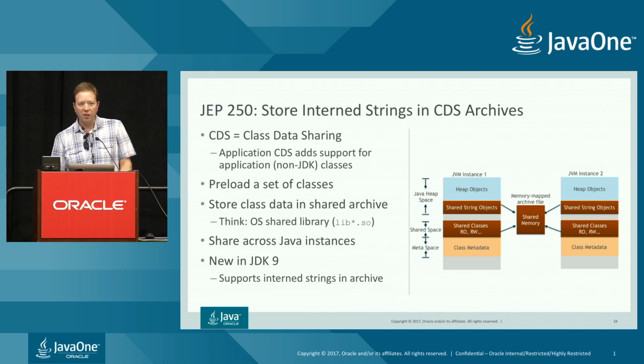And the way this effectively works is that you have a sort of training run where you run your application once, and what the VM will do is to read all the classes, format them, and put them in a way that the JVM likes internally, in a more optimized format for the JVM, and then store that into what we call the application class data, or CDS archive for short. It's effectively a shared library, much like you define on the operating system level.